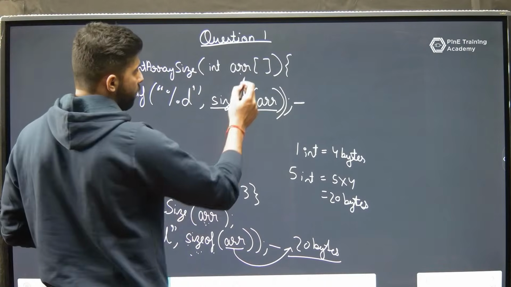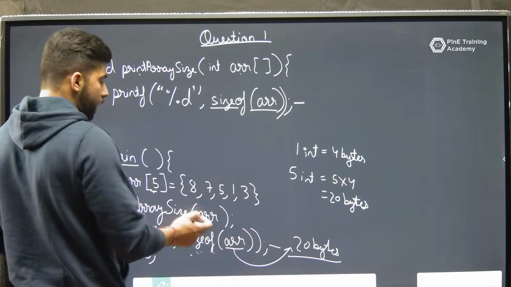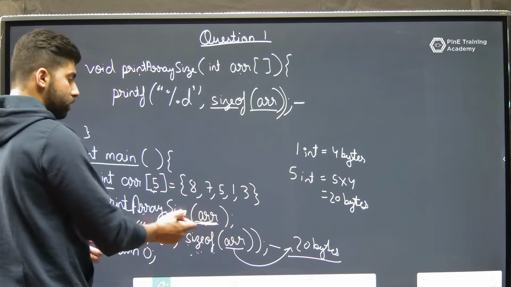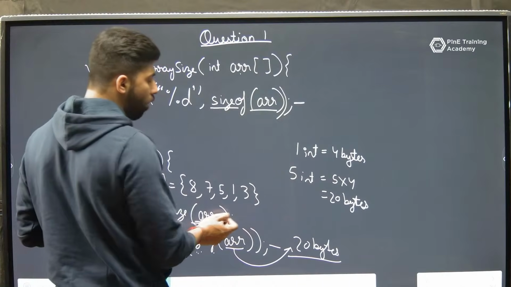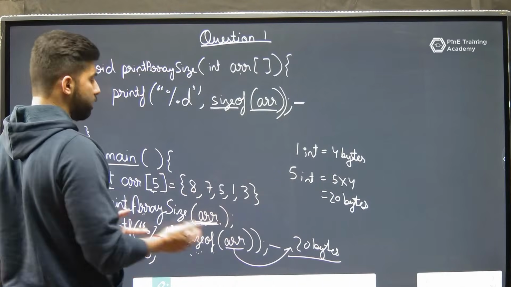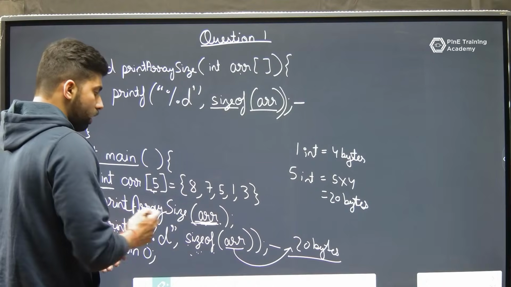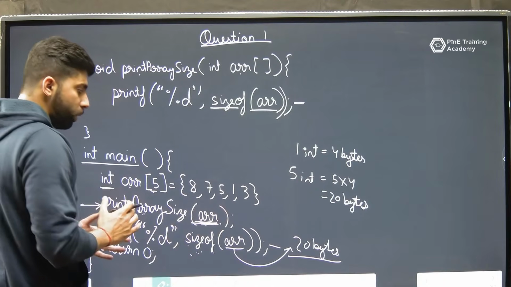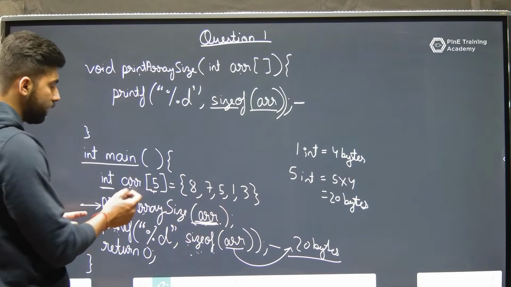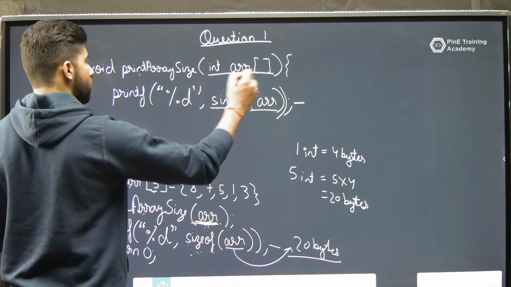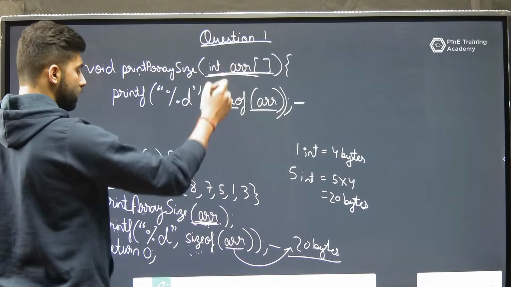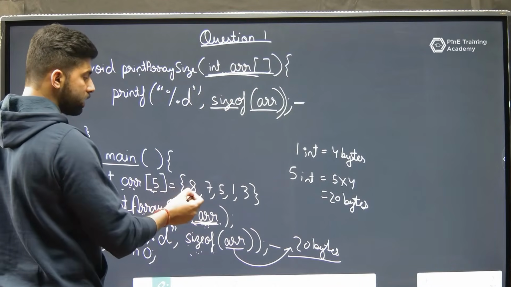But actually, whenever we pass an array to a function, it's compulsory that you provide the size along with it as a separate parameter. In this code, I'm not doing that. I'm just giving the array in the parameter, and this function will just receive the address of the first element.